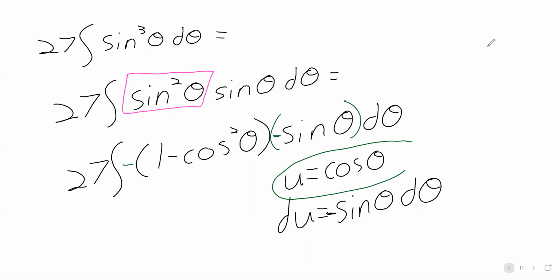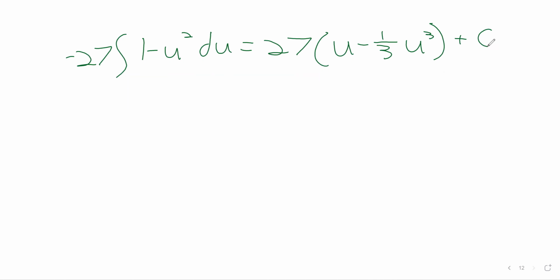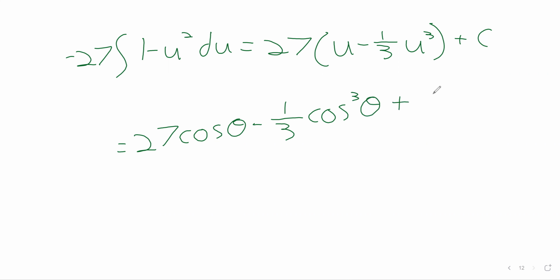U is the cosine of theta. So negative 27 times the cosine of theta minus 1/3 the cosine cubed of theta plus C. And as I say, port is in sight here.